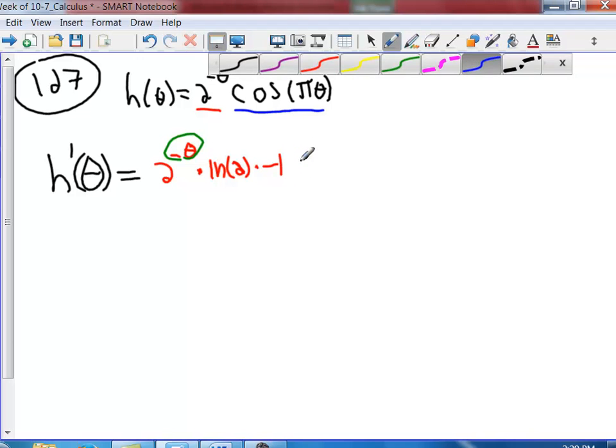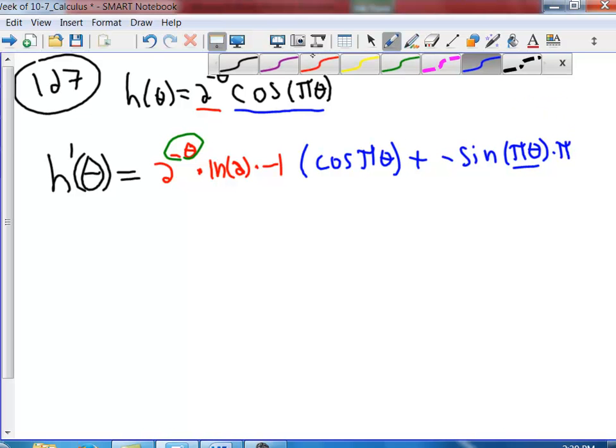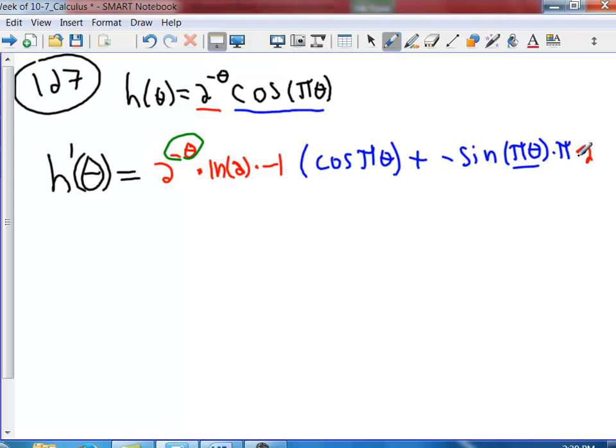That's all going to be multiplied by the second, so that's all going to be multiplied by cosine of pi theta, plus derivative of the second. Derivative of the second is negative sine of pi theta, times the derivative of this, which is pi, and we have to multiply that by the first. So times the first, which is times 2 to the negative theta.